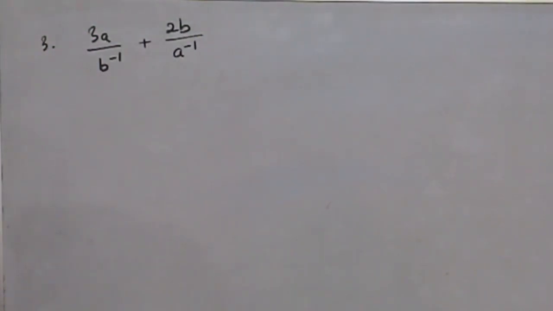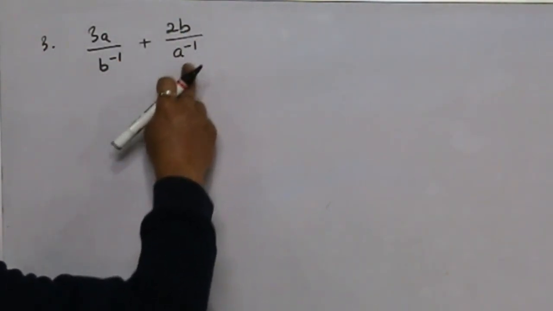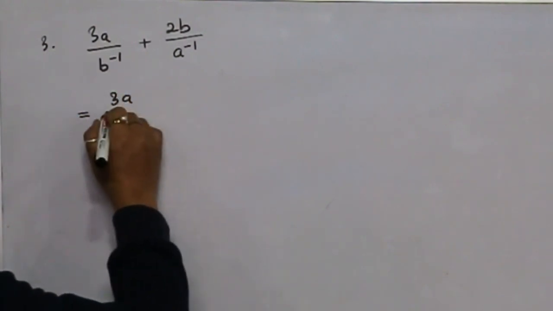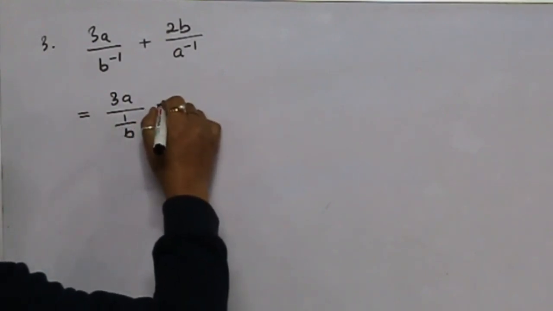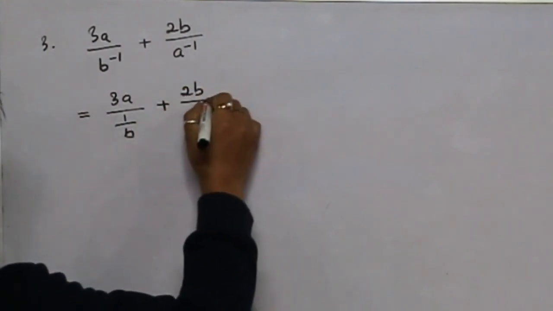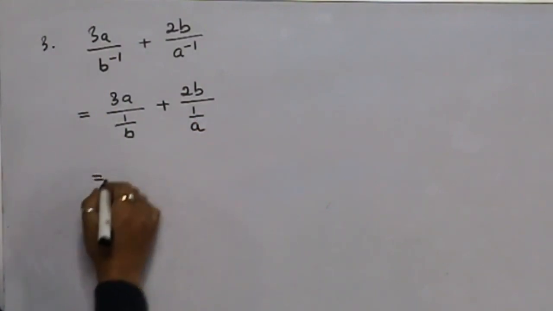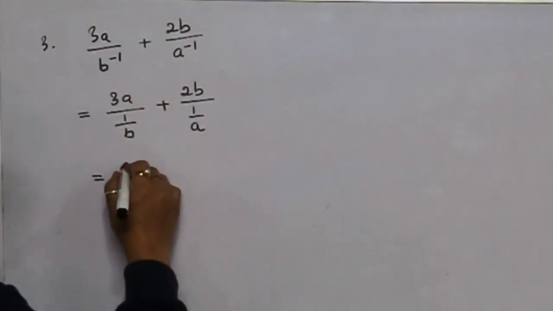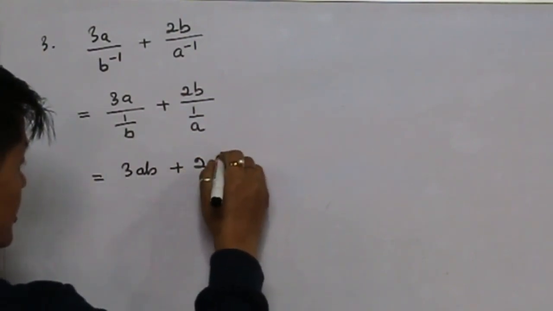And the next question we have is 3a divided by b to the power minus 1 plus 2b divided by a to the power minus 1. This can be written as 3a whole divided by 1 by b plus 2b whole divided by 1 by a. Here the denominator will go up, so this will become 3ab plus 2ab.